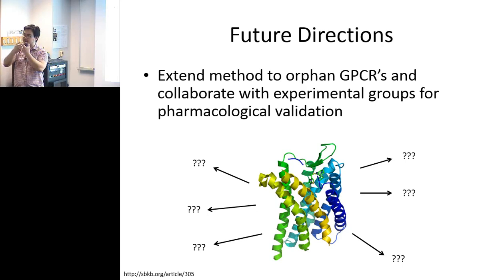Like the Venus flytrap ones, right? The Class C ones, like the metabotropic glutamate and calcium receptors. Yeah, they usually have pretty big ones, so that might influence the e-value. So I might look at only the transmembranes for only Class A's, anyways.